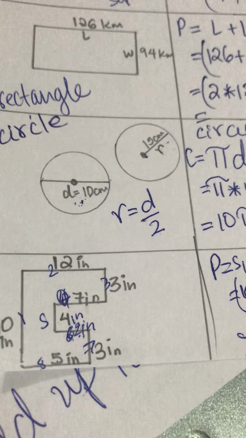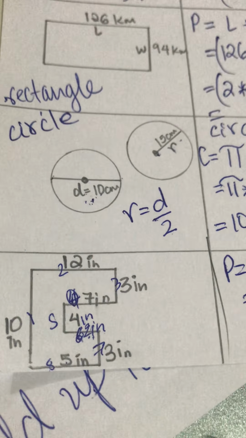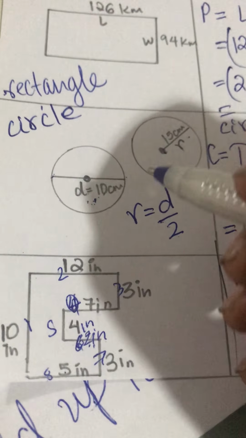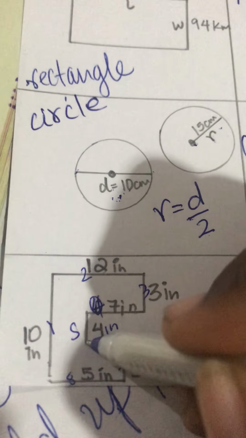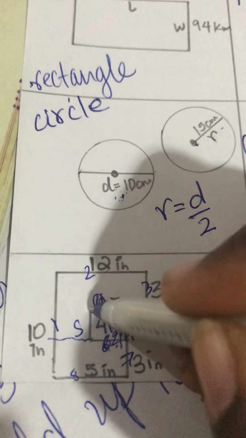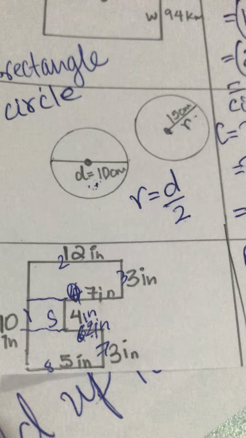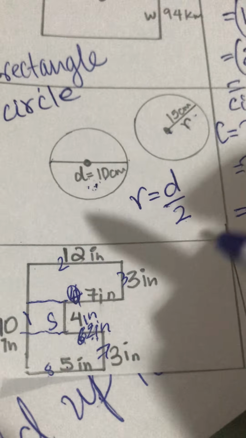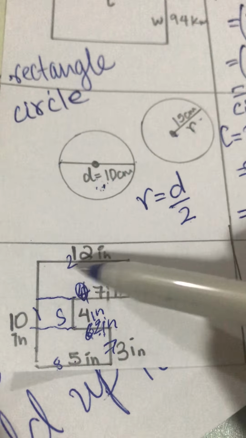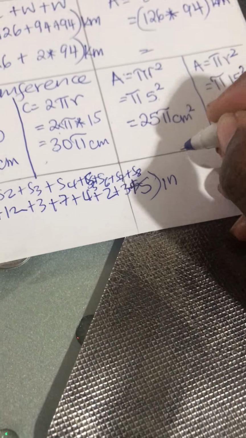When you want to find area, I can divide this into reasonable shapes. So 3 shapes. So I will do 3 shapes.